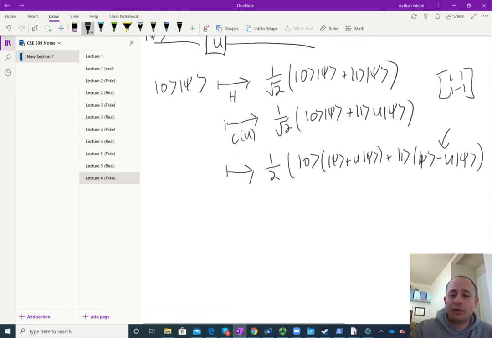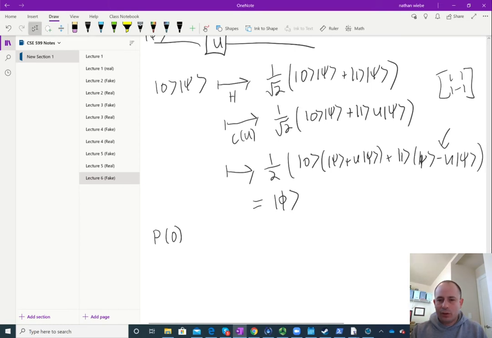Okay, wonderful. So this is our circuit. So let's call this state over here phi. Now, I want to be able to figure out what the probability of 0 is. Well, the probability of 0, we can use this exact same indicator function trick that I was using earlier.